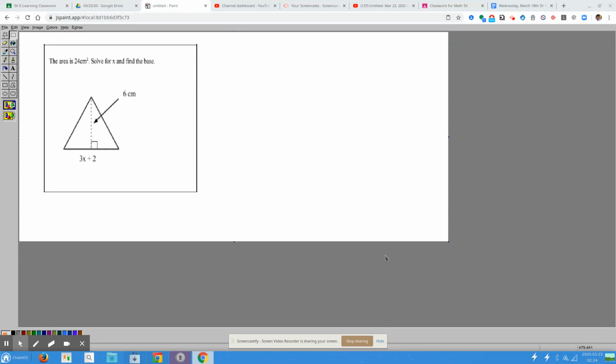Hi students, I'm going to use algebra and write an equation in order to determine the dimension, or I should say the x value in the dimension of this triangle.